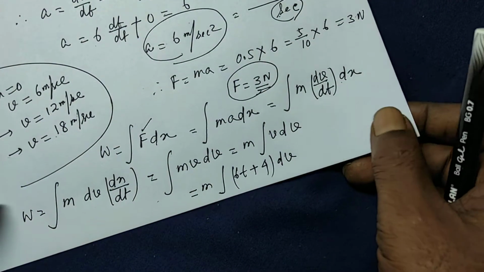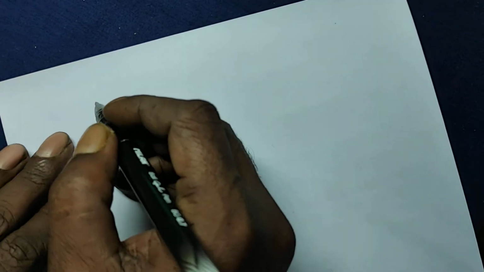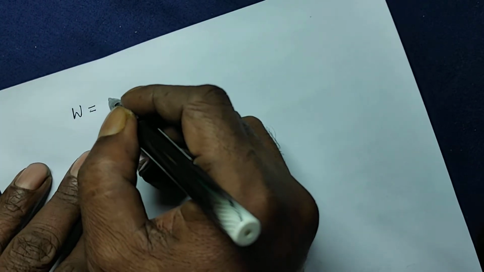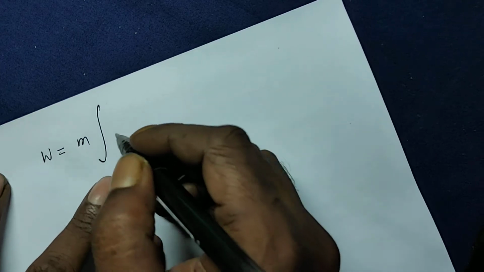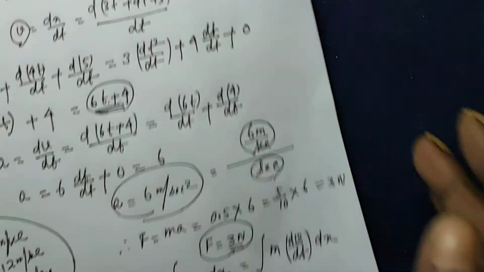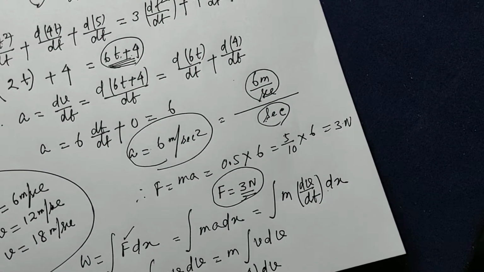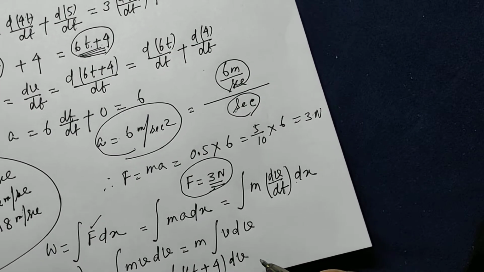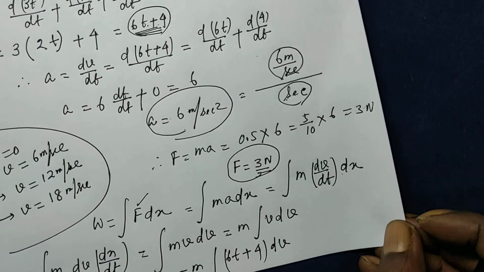Now let me switch over to the next page, then it becomes easier. W is equal to m times integration of 60 plus 4 with respect to dv. Did I make a mistake here?